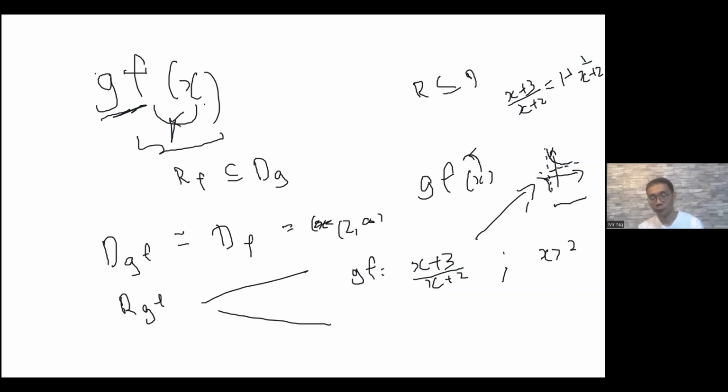That's why the range of gf is equal to 1 to infinity, because this is 1. Okay, so that's it. The range of gf is about the y value. So that's the first way, where you know the range of your x and you know the rule, and based on your knowledge of standard graphs, you derive the range.